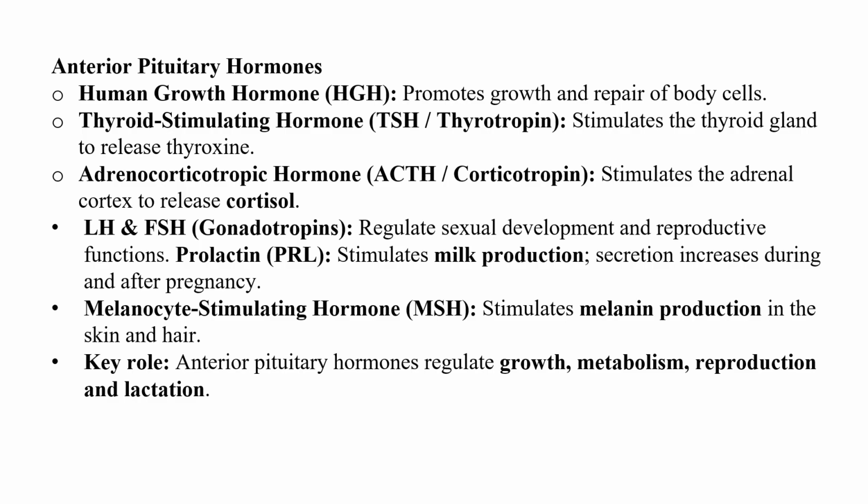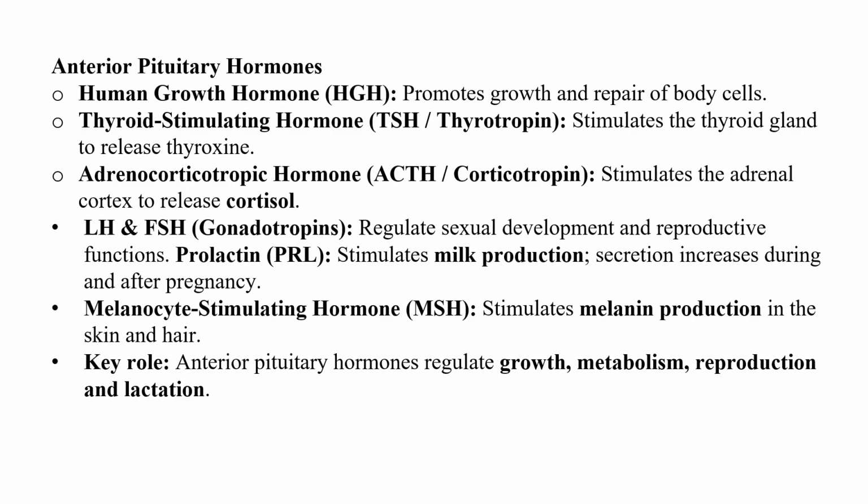Then we have LH and FSH, which are called gonadotrophins. They regulate sexual development and reproductive functions. Another important hormone is prolactin. Prolactin stimulates milk production and its secretion increases during and after pregnancy.